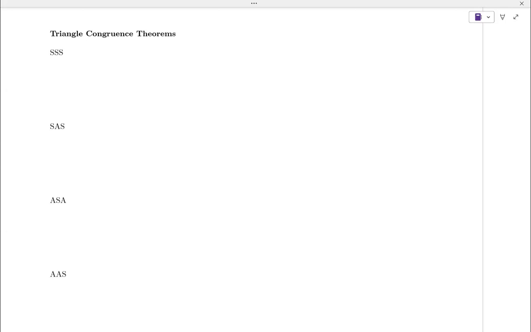Which means if you're given 2 angles and a side, you're really given 2 angles and an included side, which is one of your congruence theorems for triangles in geometry, right? There are 4 of them that you should have talked about in the geometry class. They're typically labeled as SSS, SAS, ASA, and AAS. And they're just talking about what information you're given.